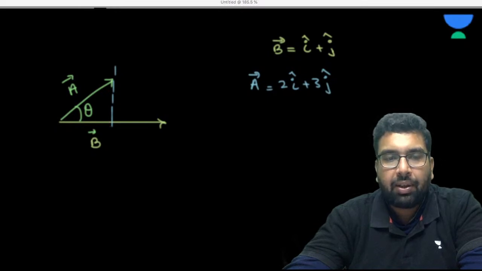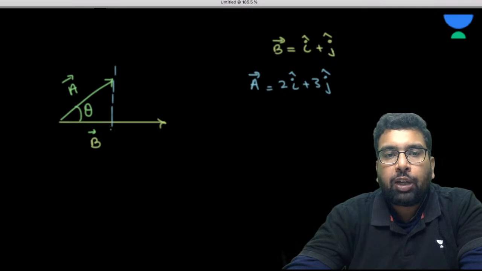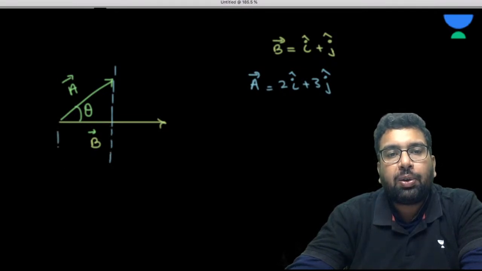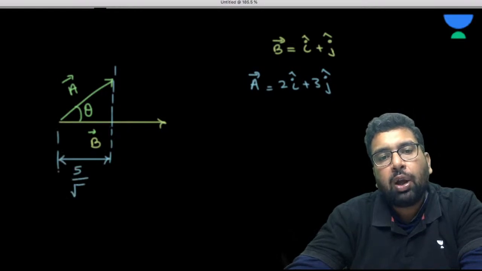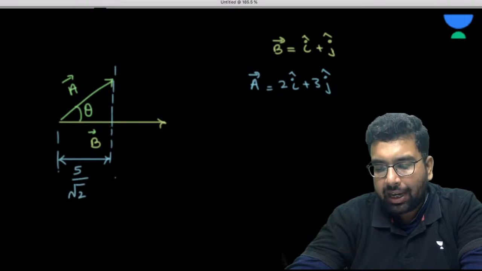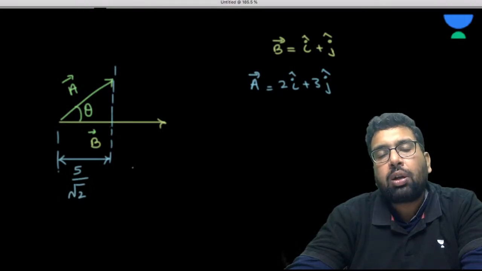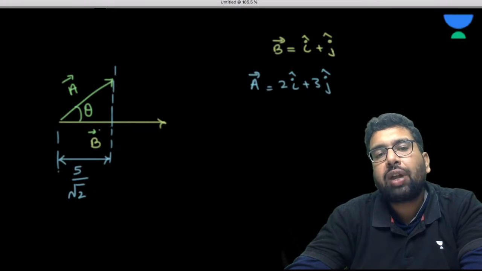Please answer me. So when you are taking the component here, for this question you have given this is 5 by root 2. Okay, A cos theta or A dot b cap. So this is 5 root 2. This is the magnitude of this vector now.